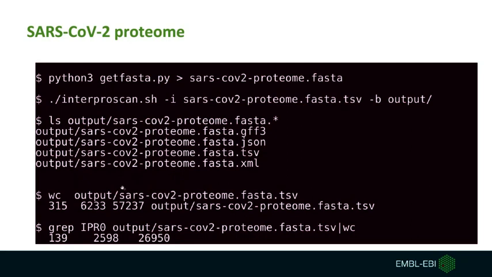And just out of interest, I wanted to see how many of those matches are actually annotated with an InterPro entry, so an InterPro domain, InterPro family, etc. And actually, we have 139 matches already annotated for this particular proteome.